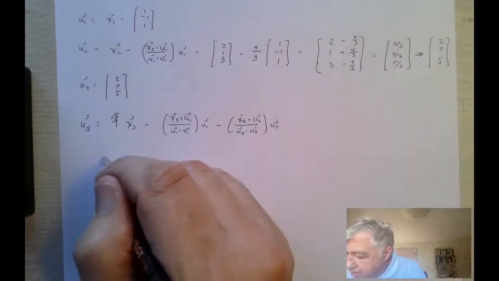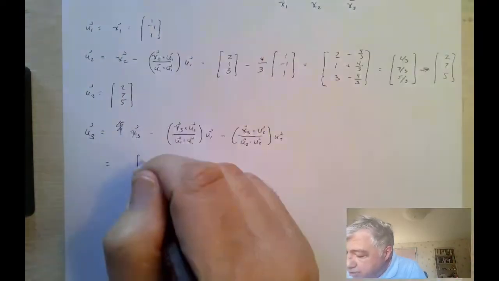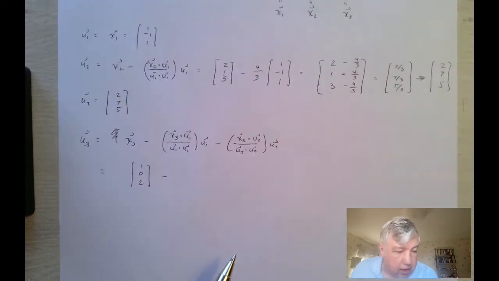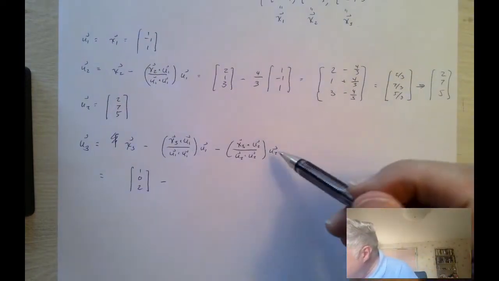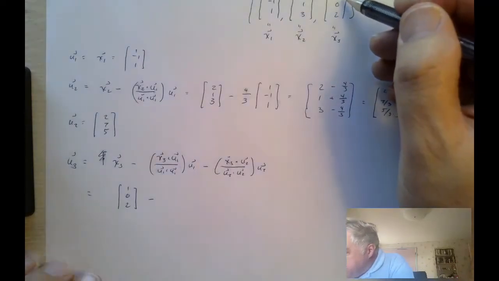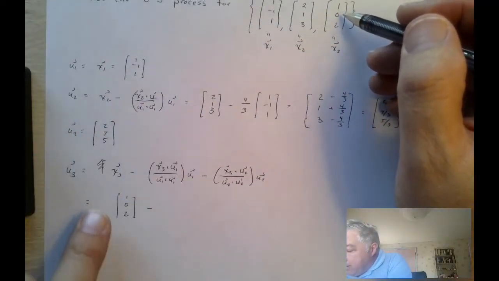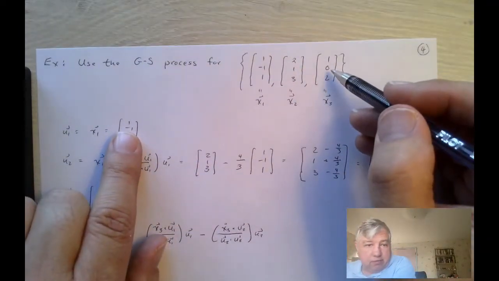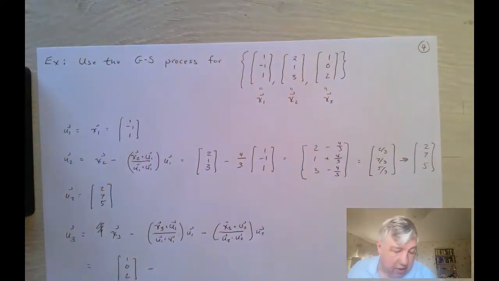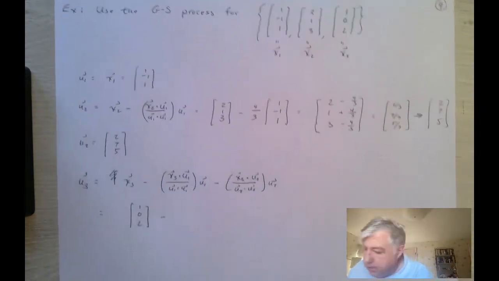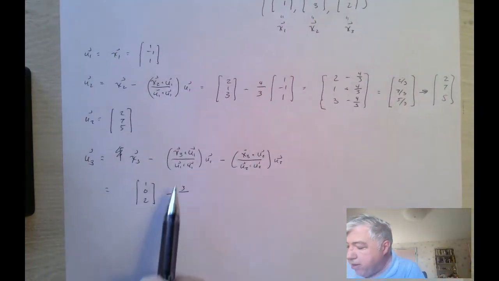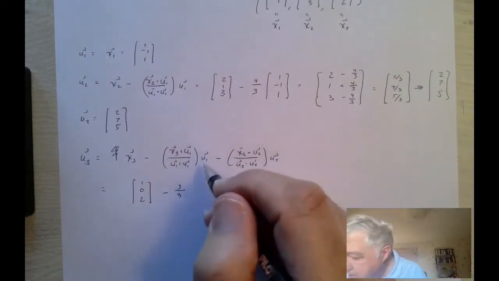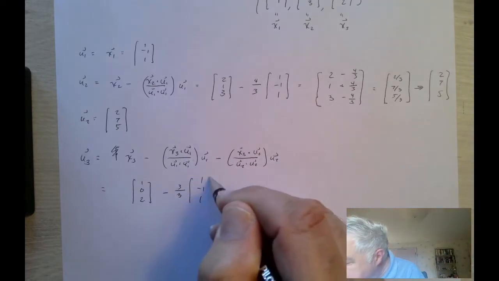So what will this be? This will be 1, 0, 2. Okay, x3 dot u1, so that's this vector and this vector. So this would be 1 plus 0 plus 2, that's 3, right? And then we already know that u1 dot u1 is 3. Okay, so this is going to be 3 over 3 times 1, negative 1, 1.